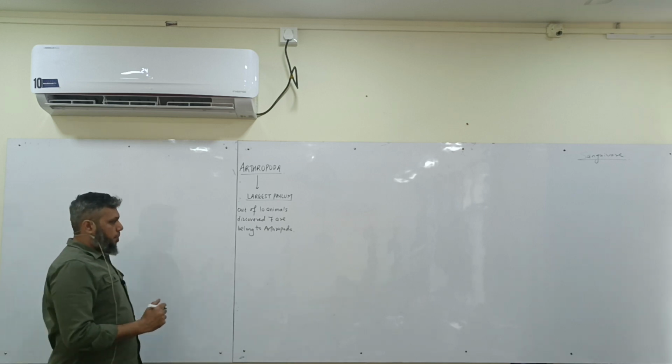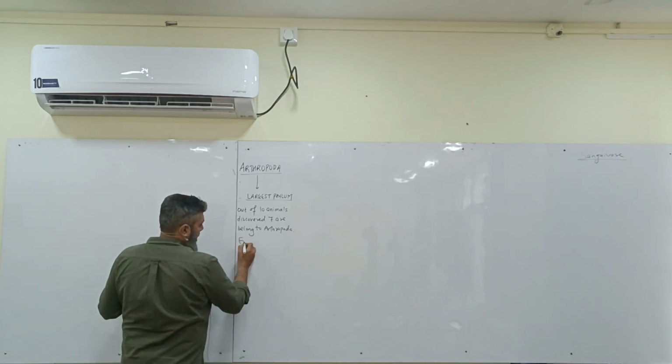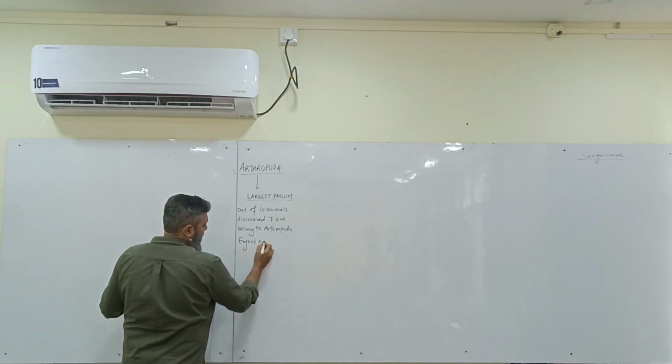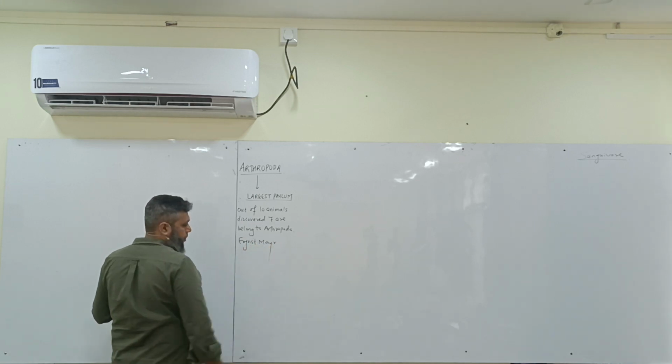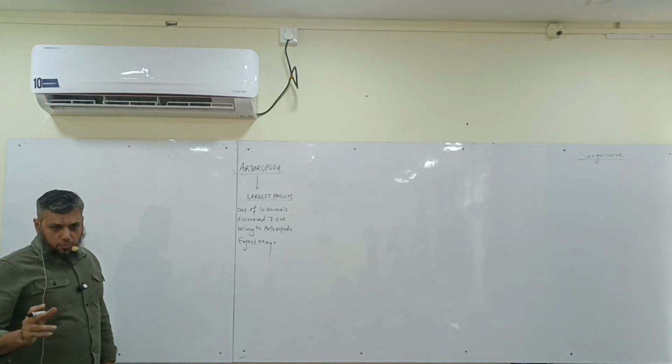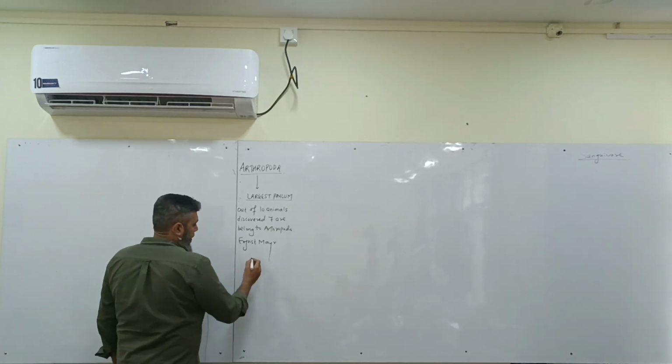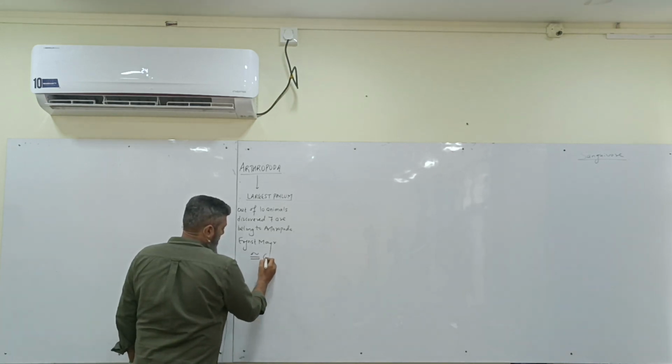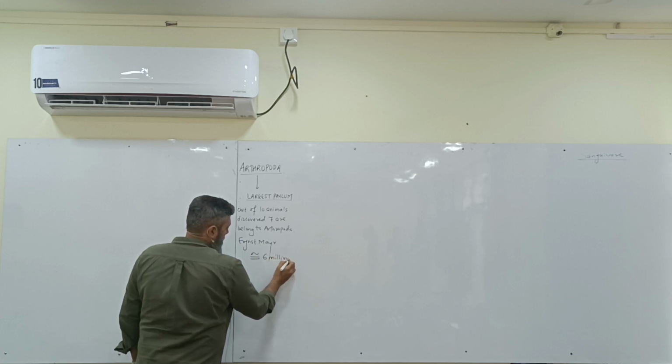According to a scientist named Ernest Mayr, there are roughly around 6 million species.